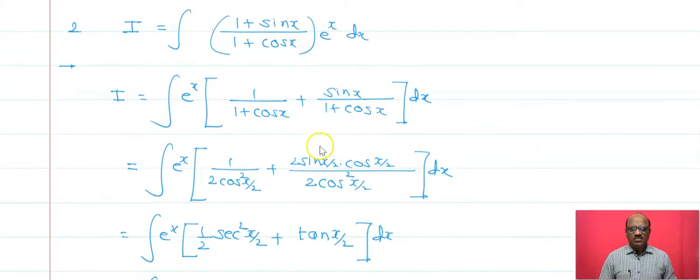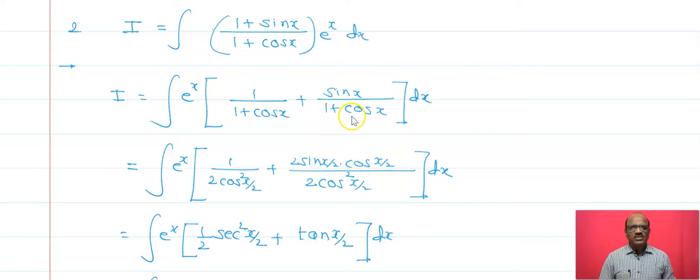Now next, example 2: I is equal to the integral of (1 plus sin x upon 1 plus cos x) into e raised to x. Therefore I is equal to the integral of e raised to x, then in bracket, split this up: 1 upon 1 plus cos x plus sin x upon 1 plus cos x. Now 1 plus cos x means 2 cos square x by 2, and sin x means 2 sin x by 2 into cos x by 2.